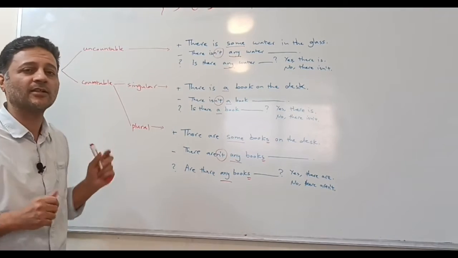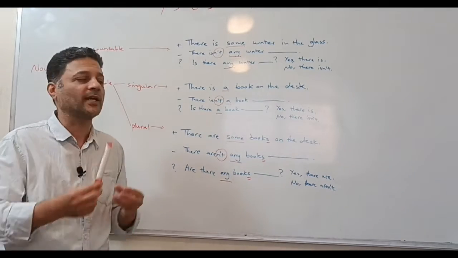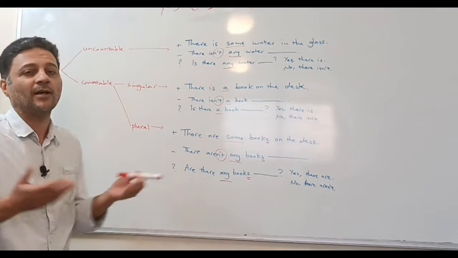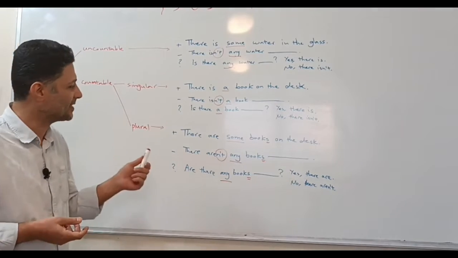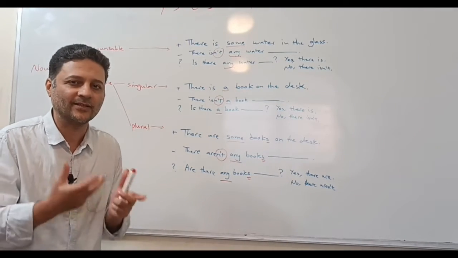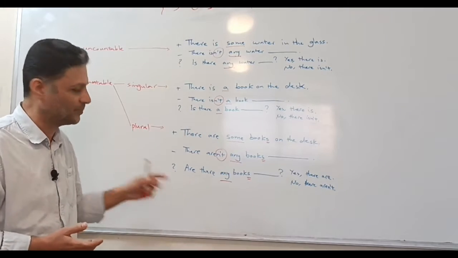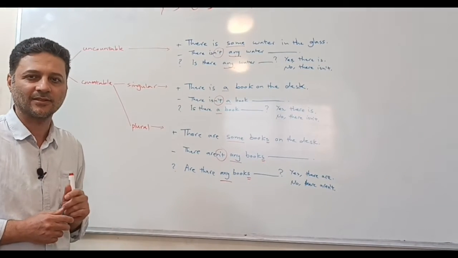When we say singular, like a book, a marker, a student, a teacher, a whiteboard, right? And plural, obviously, the plural form takes S at the end of the nouns in English, for example, books, markers, whiteboards, glasses, okay?